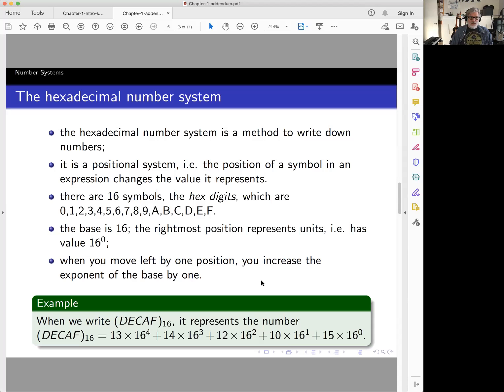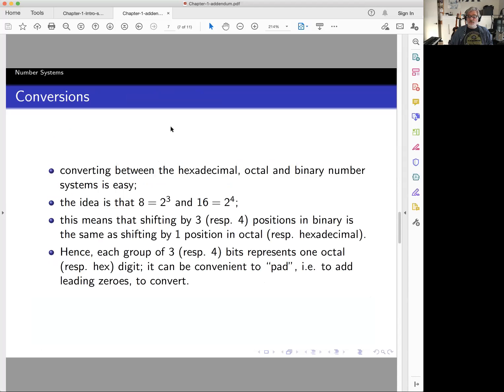The last couple of things I want to say is conversions between these, okay? So the first thing I want to say, and this is the justification of when I was saying hex and octal are binary for humans. What I mean is this: if you had to memorize your address, you probably all know your address, hopefully.